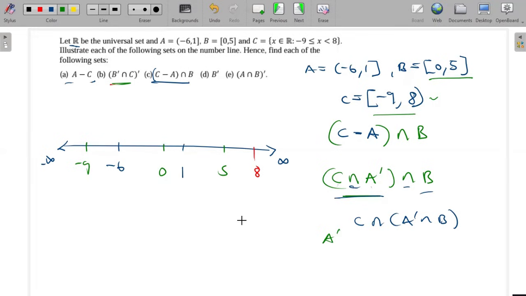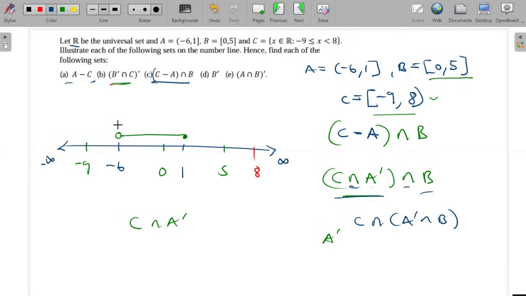So let's move on. You have C intersection A complement. We need to find the A complement here. Our A is open at 6 and goes all the way to 1, closed at 1. The complement is everything not in there but in the universal set.